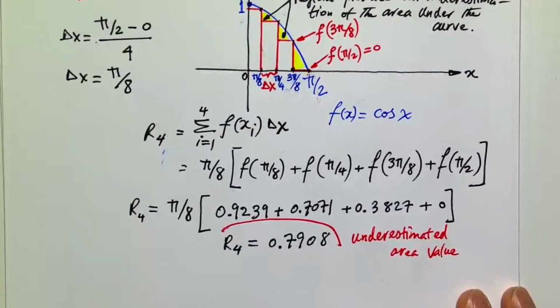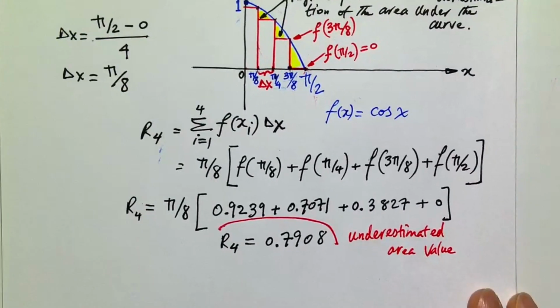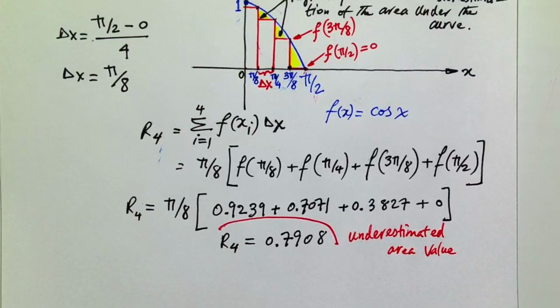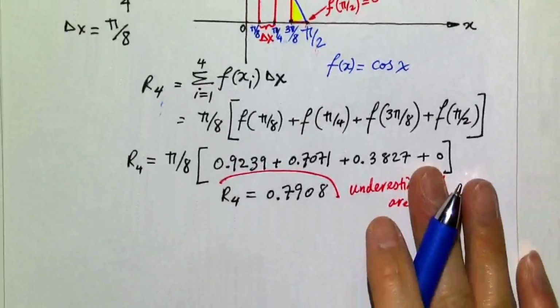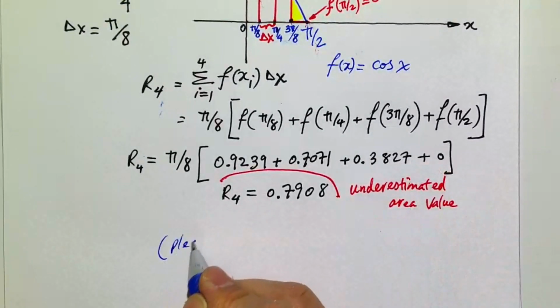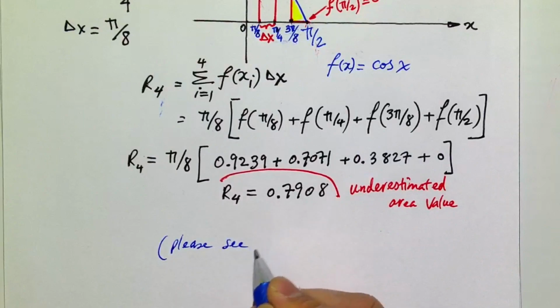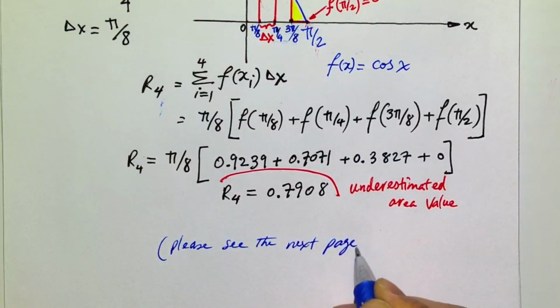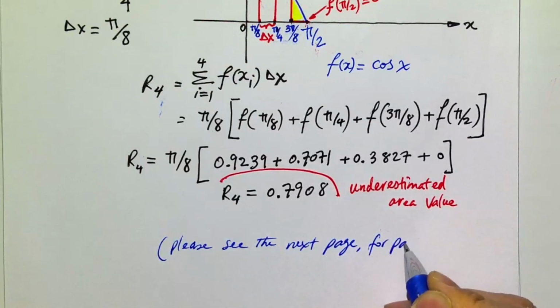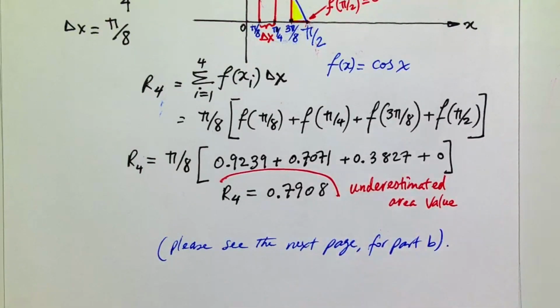And then part B. I don't want to put part B here, but let me go to the next. So I'll just say for part B. Okay, so I'll bring that picture back.